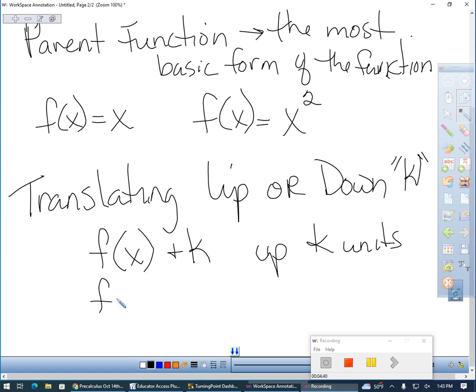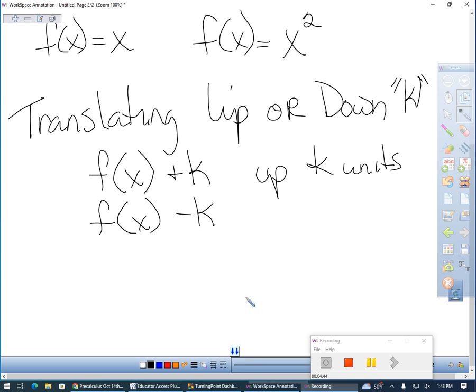If it has your function and then minus k, it goes down k units. That makes sense, right? Okay. So the first few you have in your homework all have to do with moving it up and down with that value of k at the end.